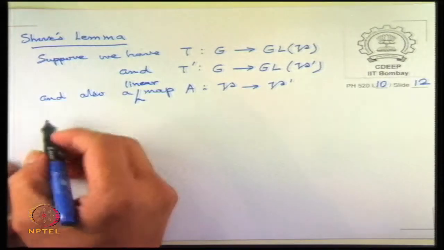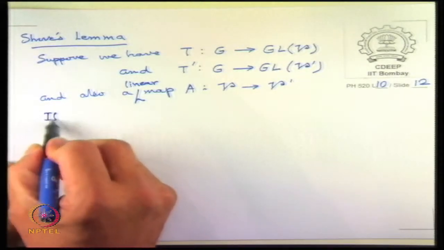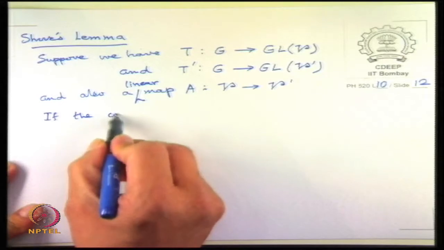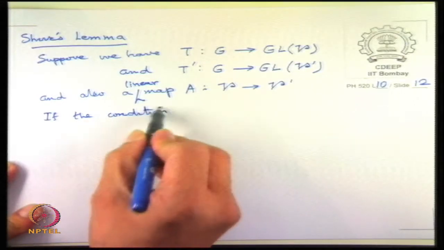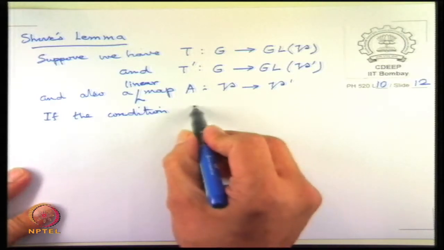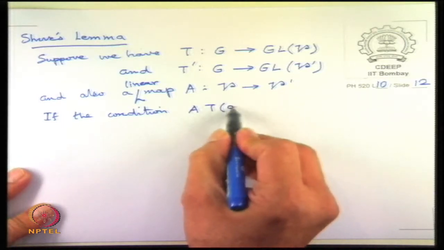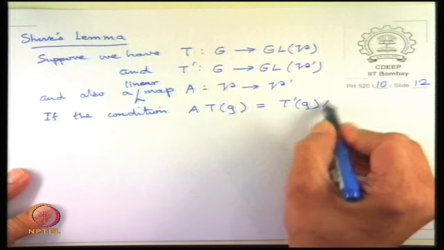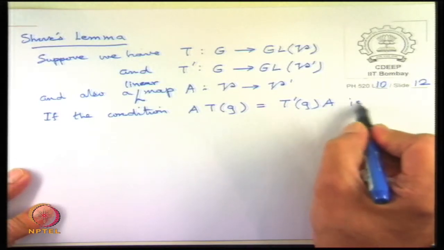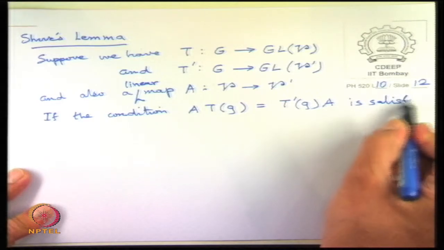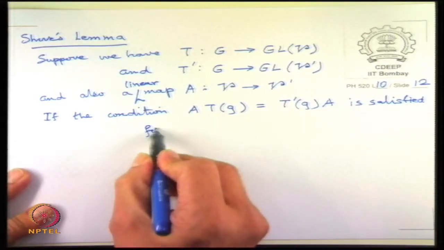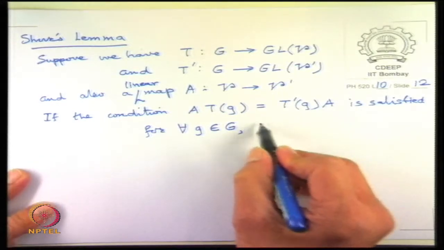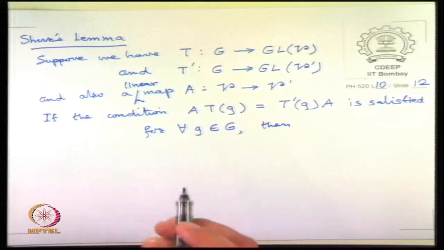Now, if it happens that the condition that A T(G) equal to T prime(G) A is satisfied for all G, then there are only two options.